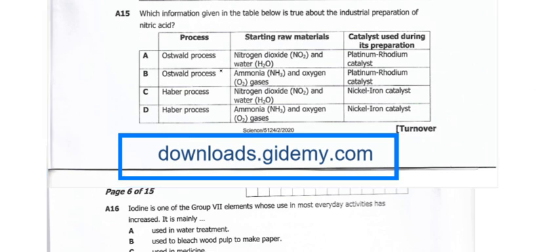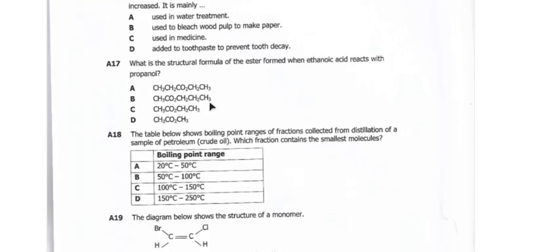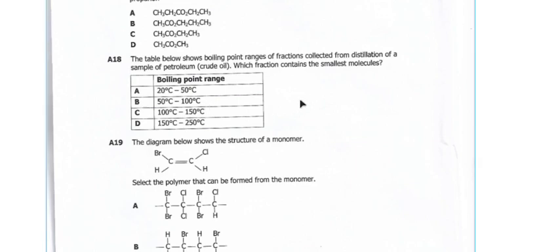A, B, C, D, and our answer is just B, because production of ammonia or nitric acid is found on the topic called ammonia, and it's one of the importances of ammonia.